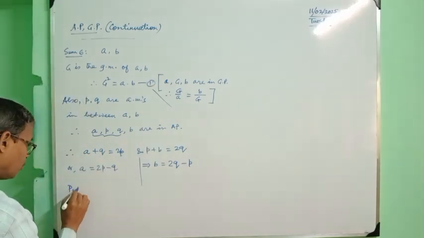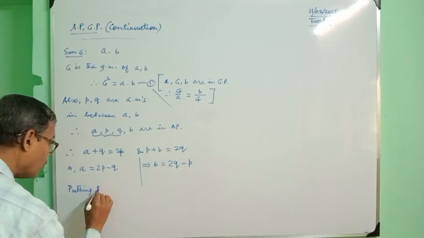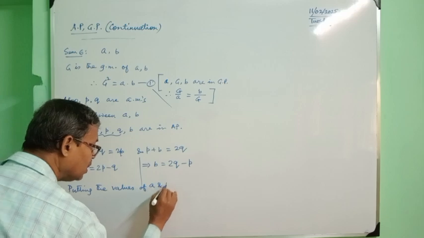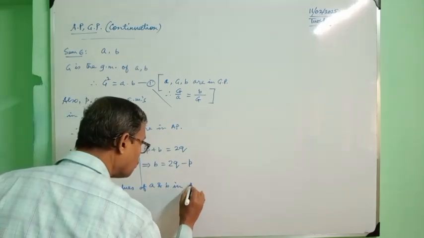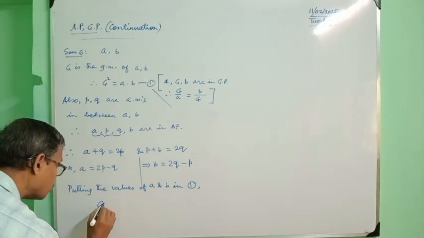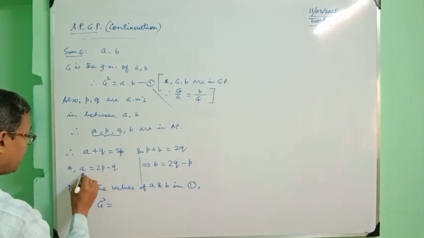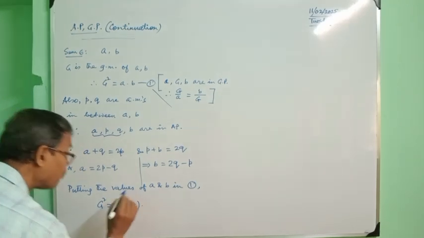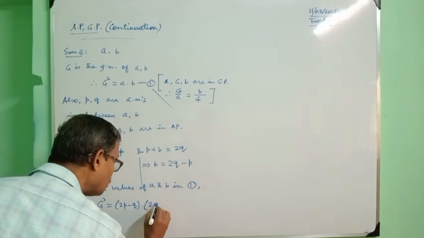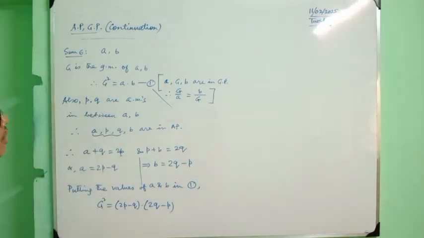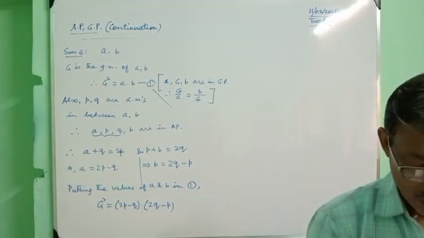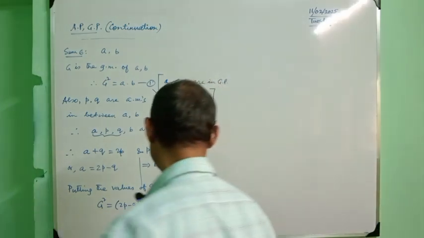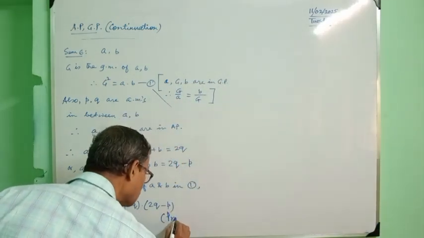Putting these values of A and B in 1, left hand side G square is equal to, in place of A, 2P minus Q, in place of B, 2Q minus P. We have to show this relation G square equal to product of 2P minus Q and 2Q minus P. We have got this, therefore the sum is solved.